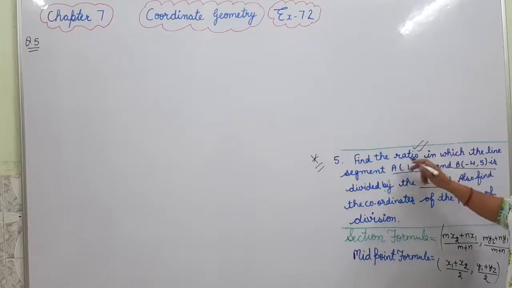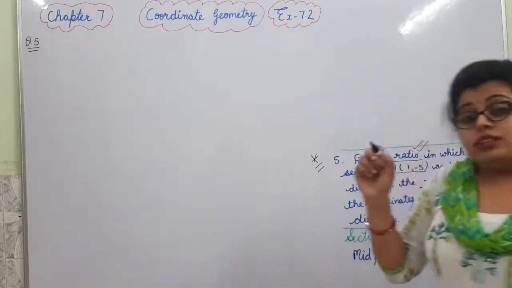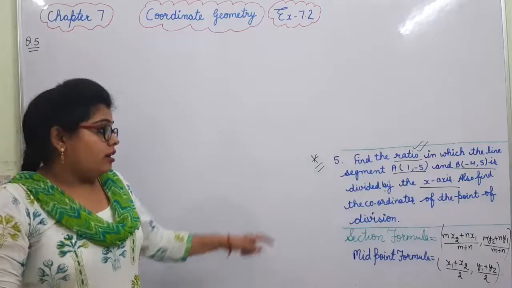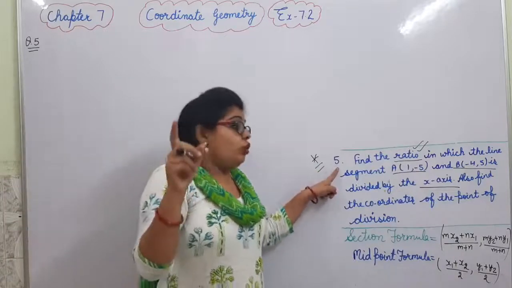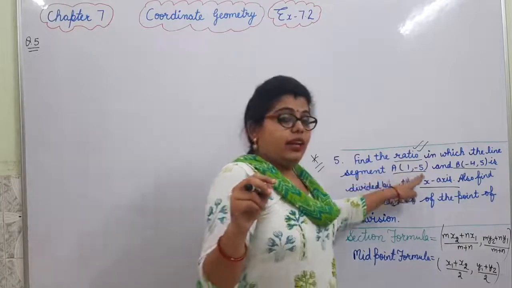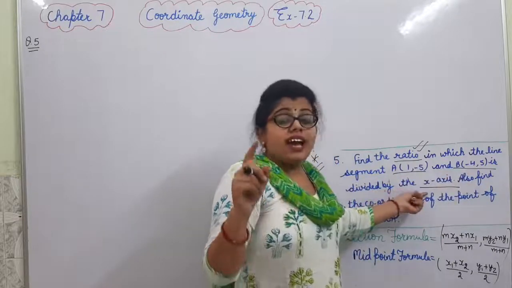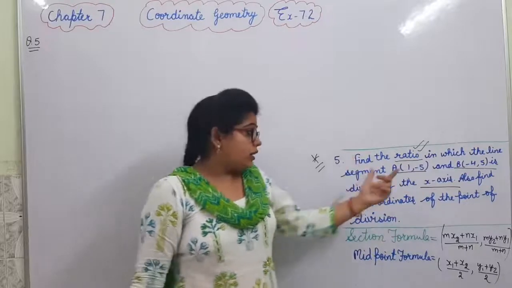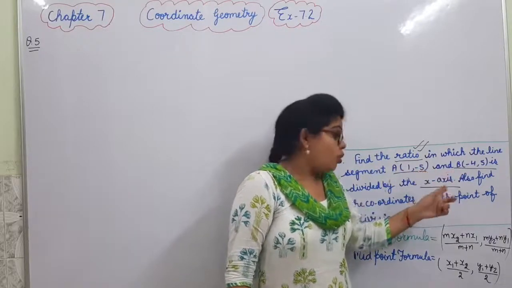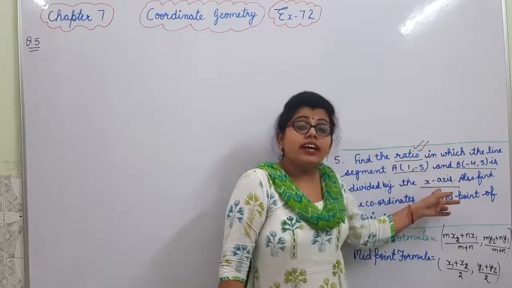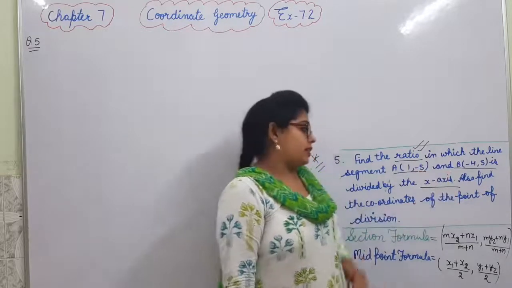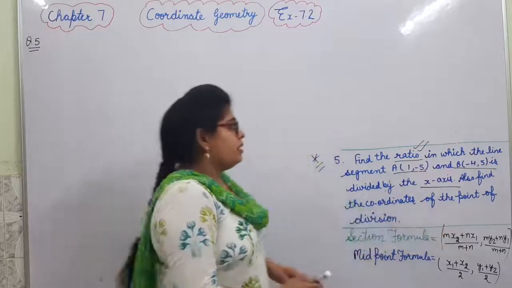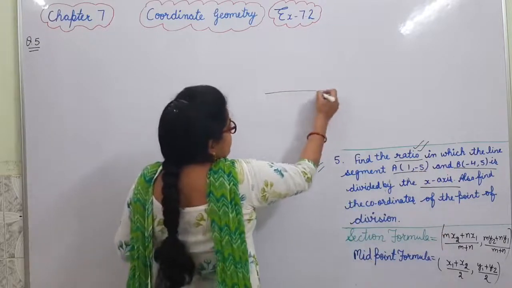What we have to find is the ratio, means it is of the second type, k:1. Also find the coordinates of the point of division, which divides this line segment AB on the x-axis.